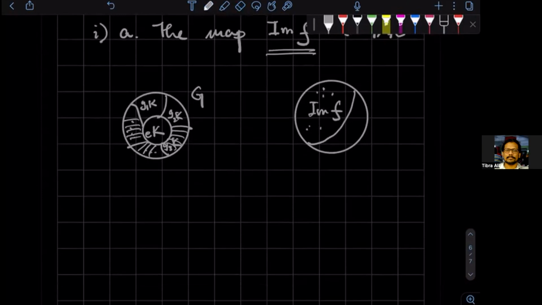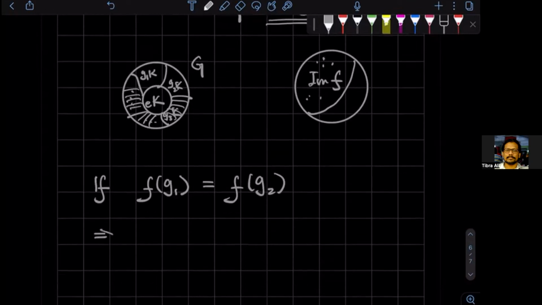All right, so what we have to do is, say, F of G1, which is of the form of the elements in the image of F, is equal to F of G2.